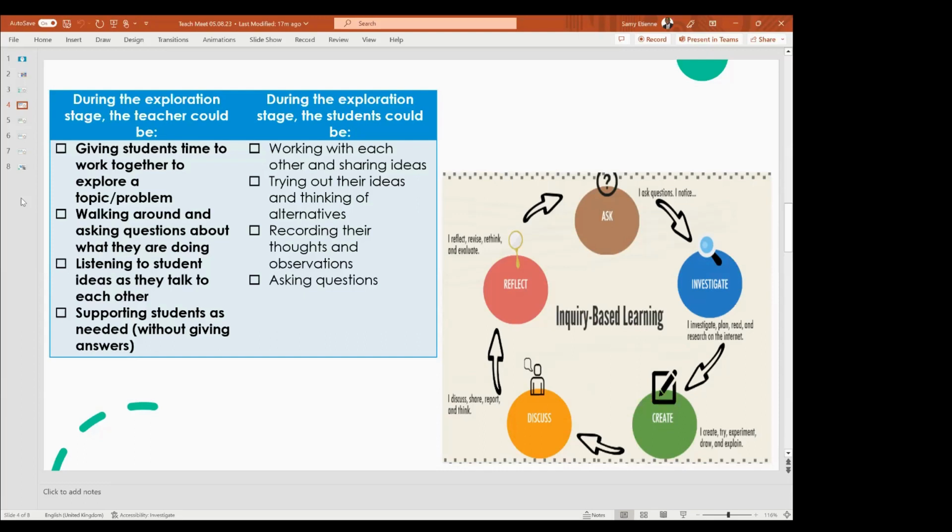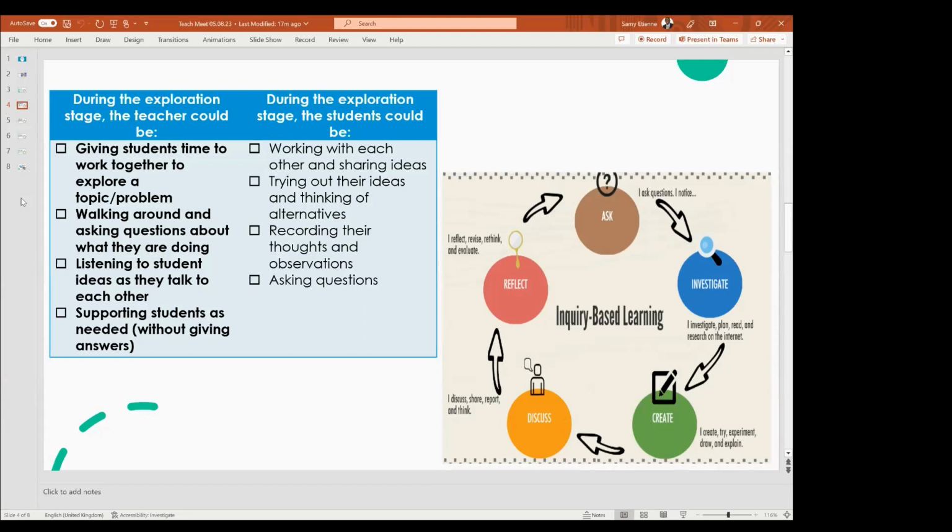You're not involving yourself as a teacher; you let them go and test out some ideas, thinking about different resources and tools that they might use at this stage to help them investigate, and that's really important.